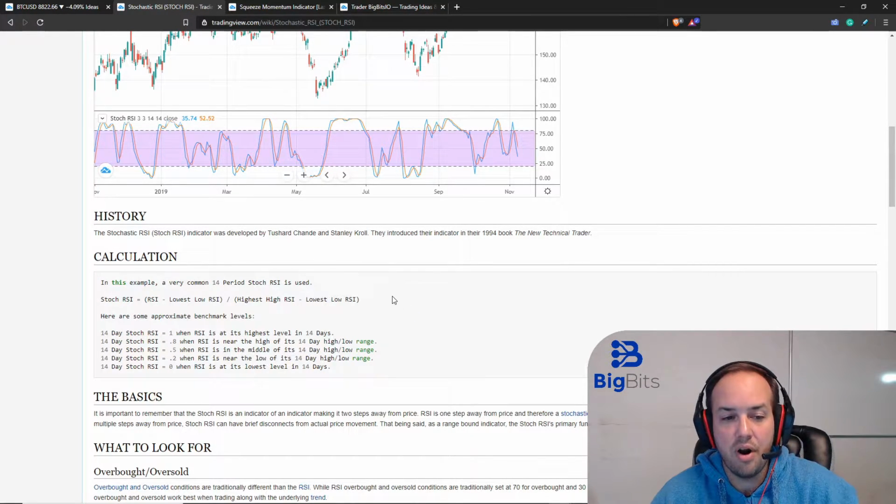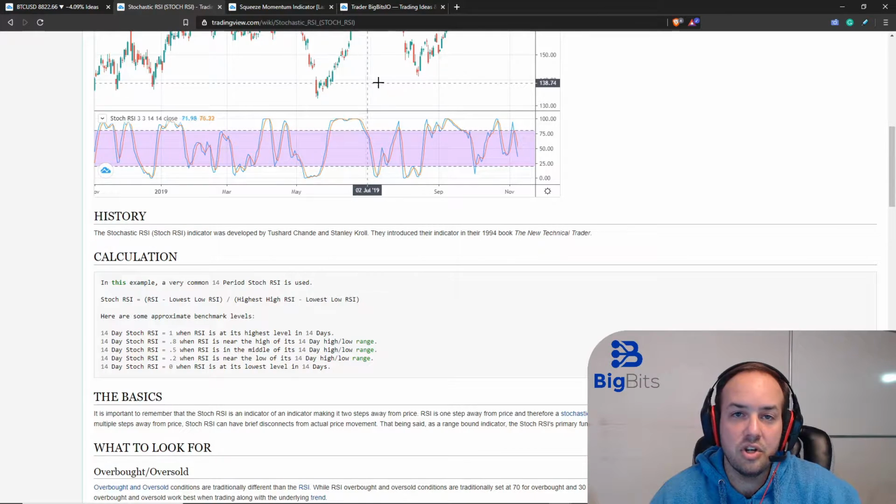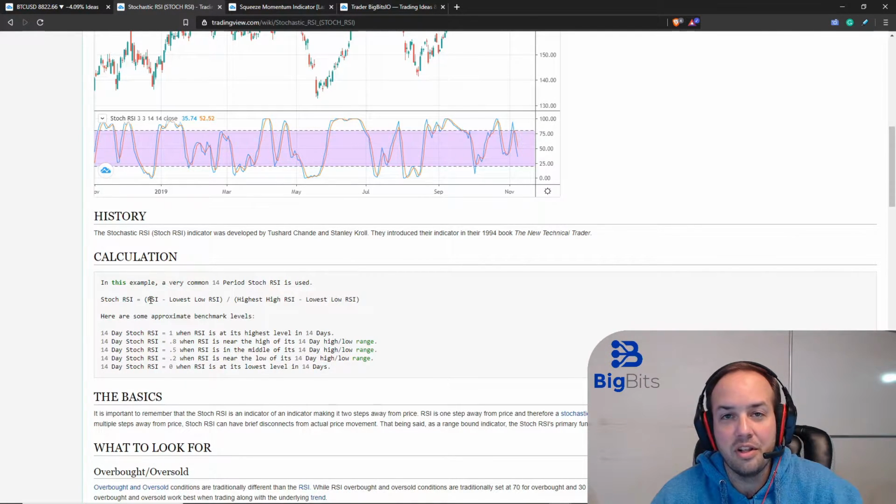So if you replace the RSI here with the close, and your highest high and your lowest low appropriately with the prices on the chart, that would be your stochastic. Now, all we're doing here is replacing the close with the RSI in that same stochastic calculation, and we're getting what's known as the stochastic RSI.